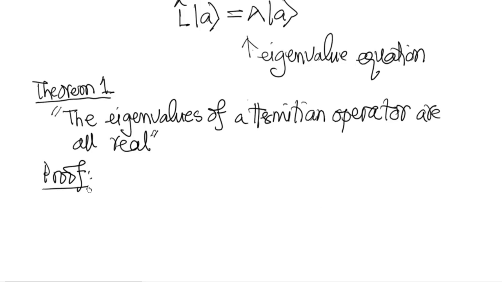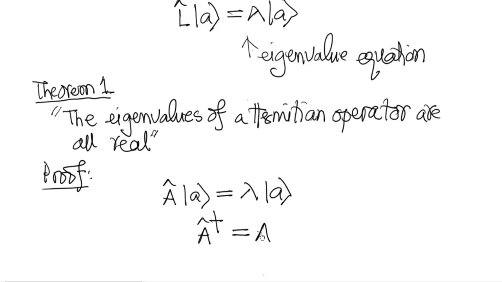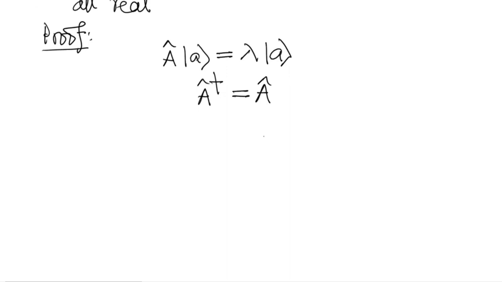Let us consider the following eigenvalue equation, where you see this lambda is the eigenvalue of the operator A. A is a Hermitian operator, and the eigenvector is ket A. We know that for a Hermitian operator capital A, A dagger equal to A. This is a special property of a Hermitian operator.